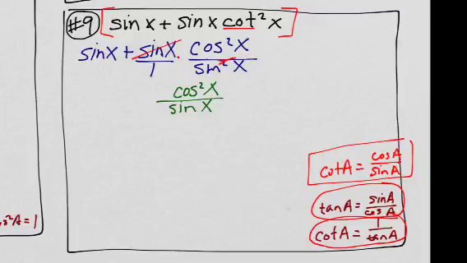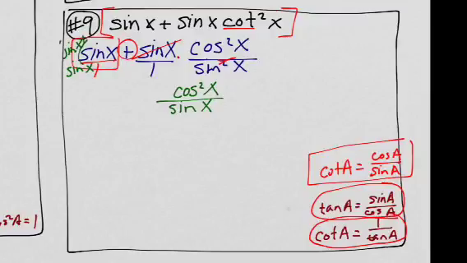We have a plus sign here, and we're adding it to this number, which is not a fraction, but we could make it into one. Whenever we're adding fractions, we want to get those denominators to be the same. So if I multiply that by the denominator of the other fraction, the denominator is going to be the same: sine x times sine x.